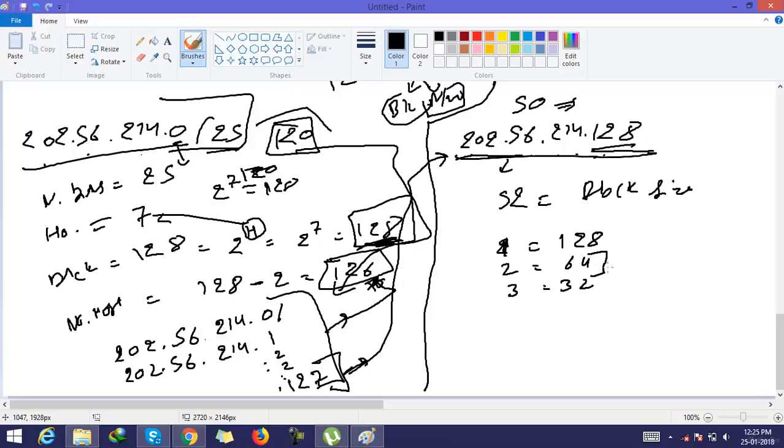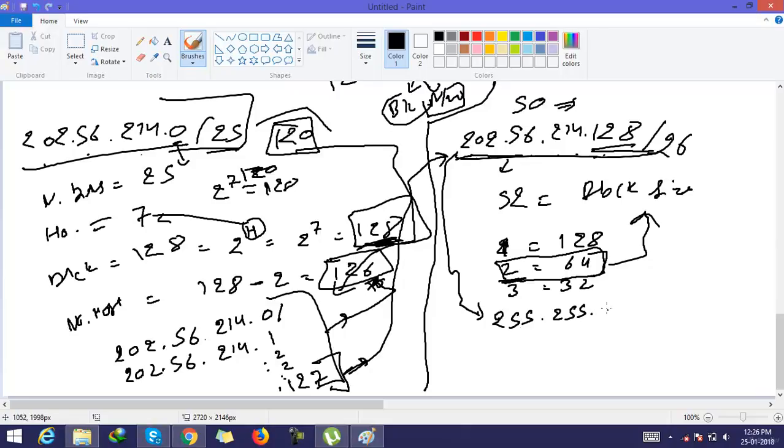What is the optimal solution? This is the optimal solution for the 52 block size. So we borrow 2 bits and get 64 as a block size. So the CIDR becomes 8 plus 8 plus 8 plus 2, that is 26. Now the subnet mask for this is 255.255.255 plus 128 plus 64, that is 192.